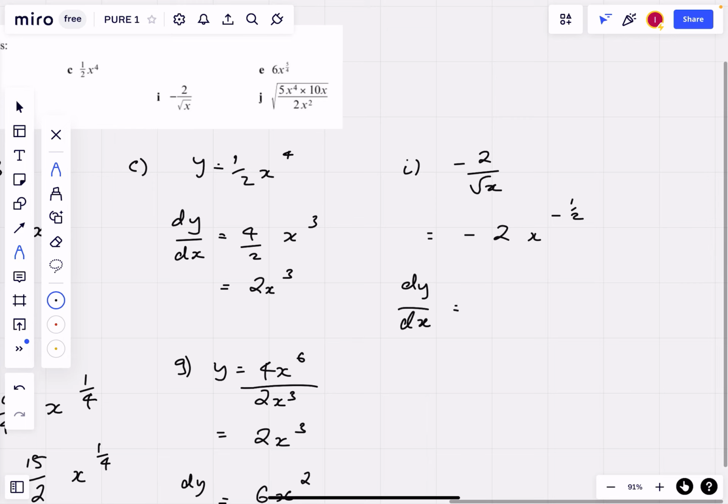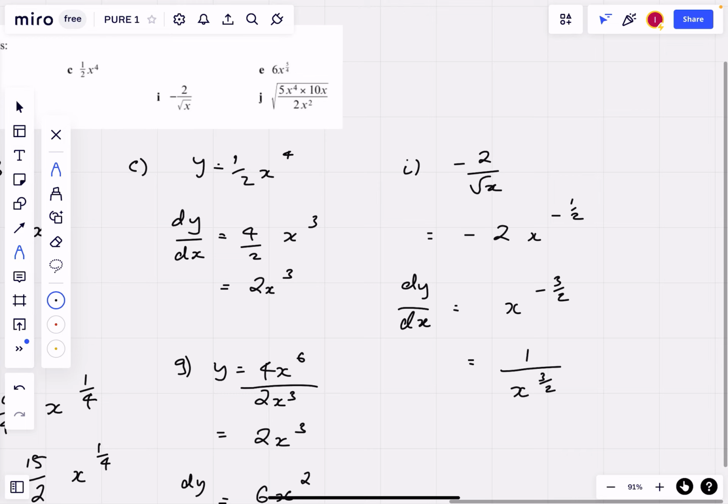So minus 2 times minus a half is just 1 x, and then you minus 1 from the power, minus 3 over 2. You can leave it like that, or you can write it as 1 over x to the power of 3 over 2.